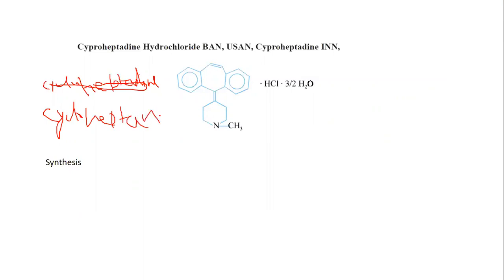Because we have already discussed in a previous class when we discussed the structures of these antihistaminic drugs, this is the cycloheptane moiety. There is a 7-member ring, 1, 2, 3, 4, 5, 6, 7, and there is a double bond.